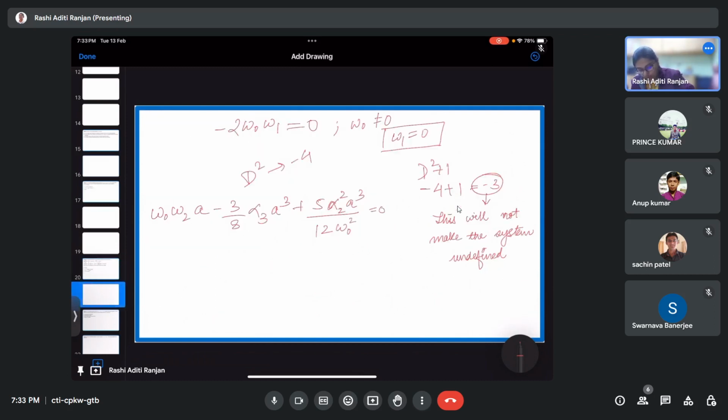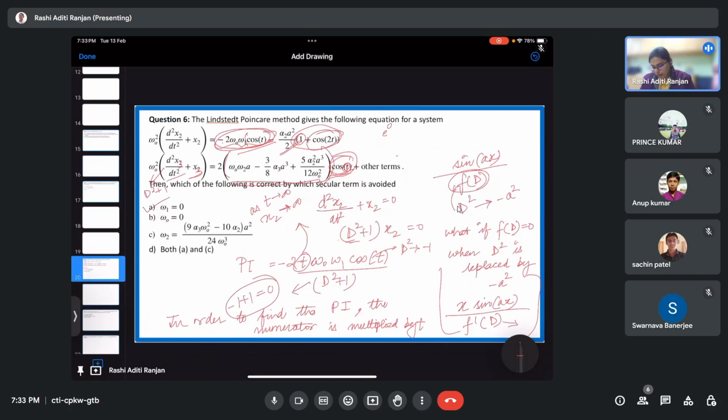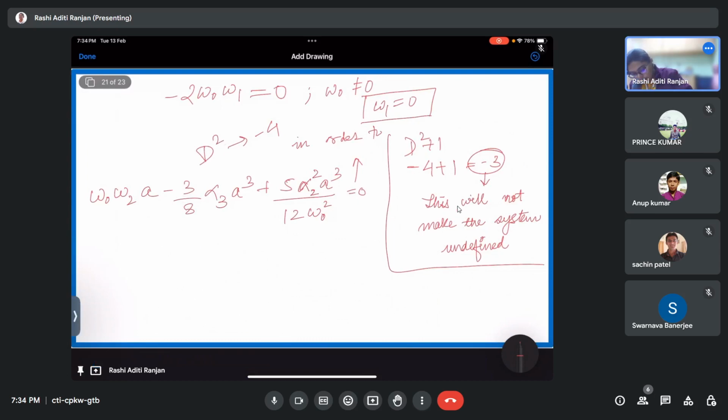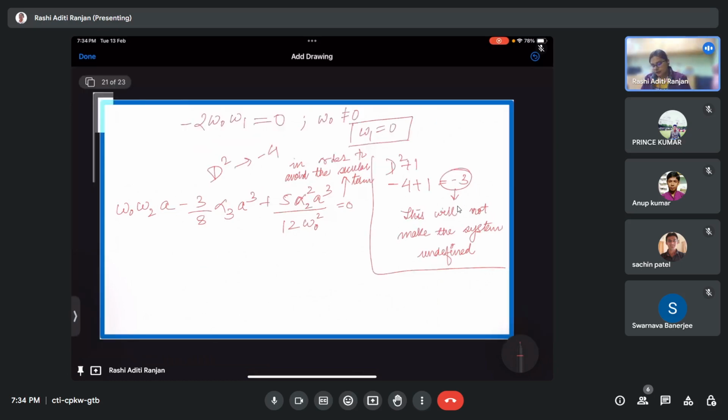This will be equal to 0. So omega naught omega 2 a, then we have minus 3 by 8 alpha 3 a cube plus 5 alpha 2 square a cube. This is equal to 0. Why should this be equal to 0? In order to avoid the secular term. So what would this give me?